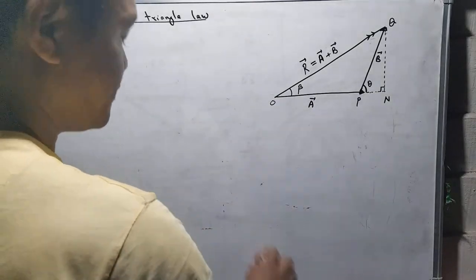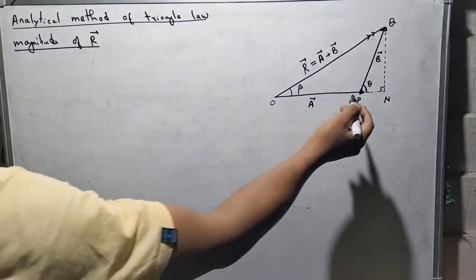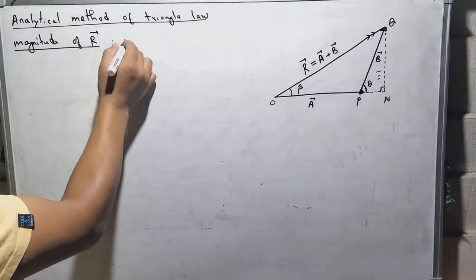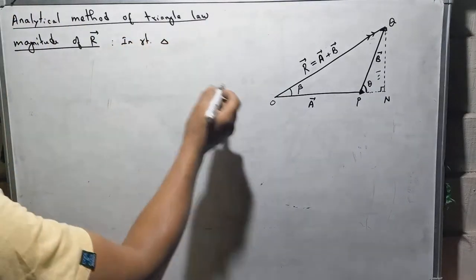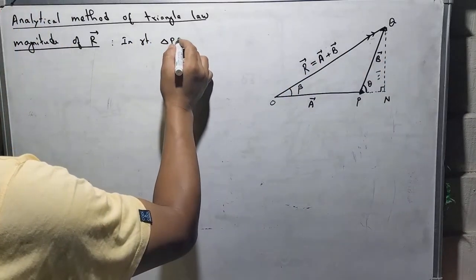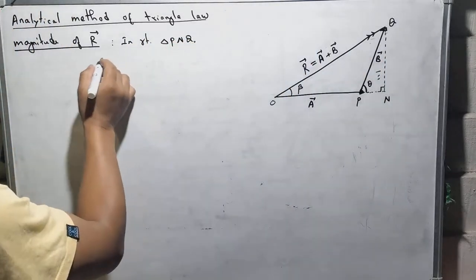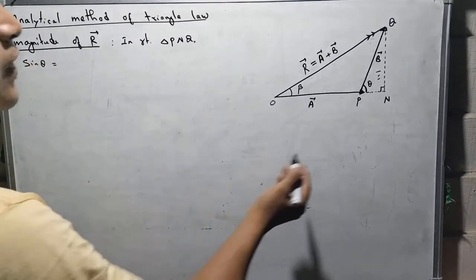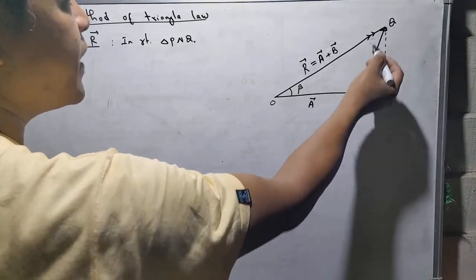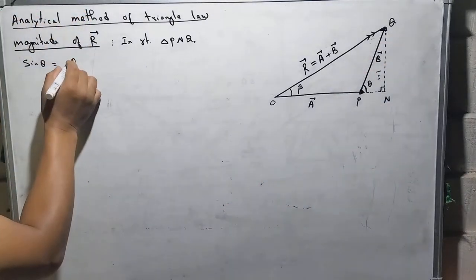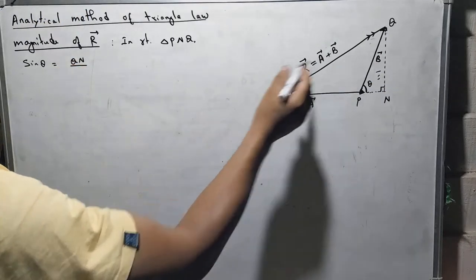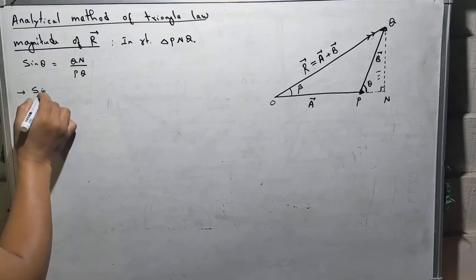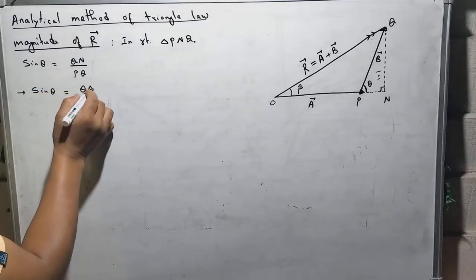Then, in this right angle triangle PNQ, if you take sine theta, we know sine is equal to perpendicular by hypotenuse, which means QN by PQ, or sine theta is equal to QN by PQ.